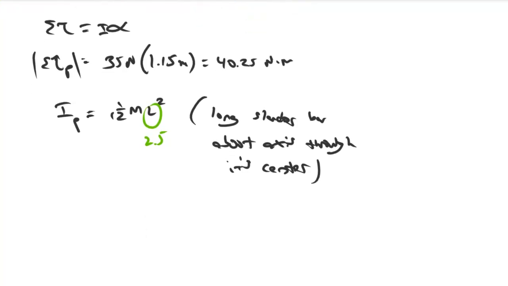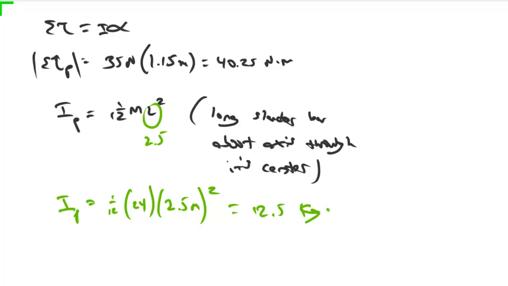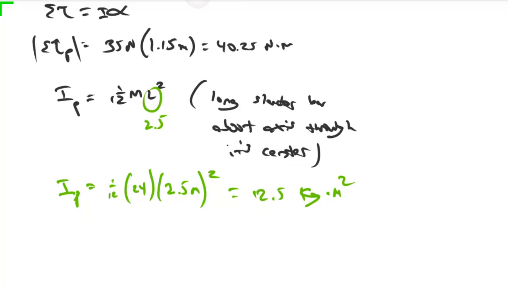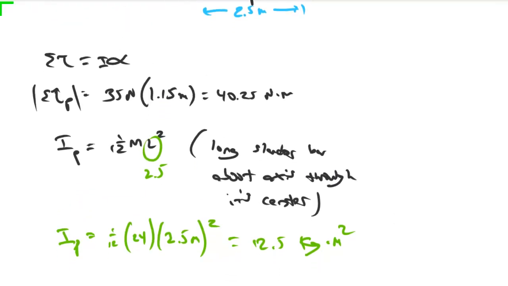Plugging this in, the rotational inertia around that center there, that pivot, is 1/12 of the mass, which was 24 kilograms, and the length was 2.5 meters, squared, and so this comes out to 12.5 kilogram meters squared. And so then we have just to find the acceleration from this equation we had previously.